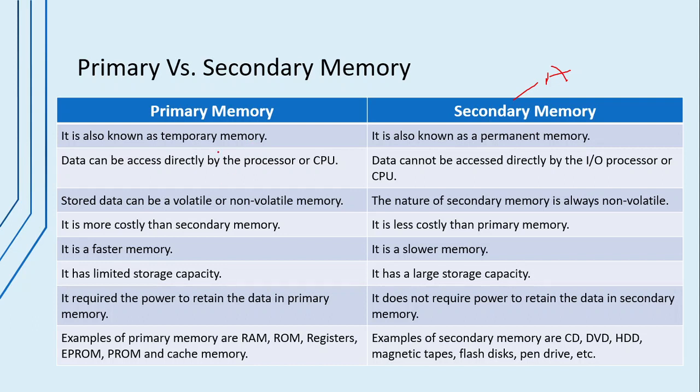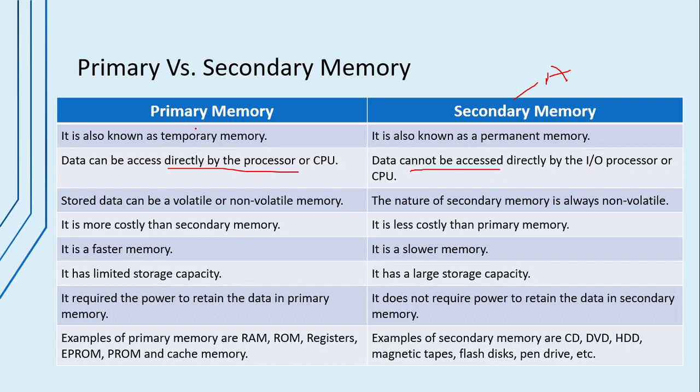Why? Because whenever you store data in main memory and turn off your PC, or the power, your data will be lost. But that does not happen in secondary memory. In primary memory, data can be accessed directly by the CPU, whereas in secondary memory, data cannot be directly accessed by the CPU.